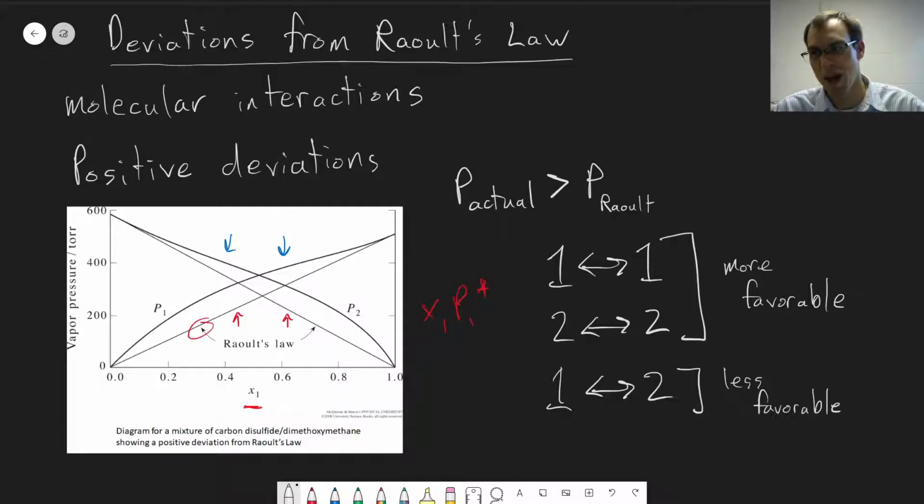It'd rather get away from, in comparison to our theoretical ideal solution behavior, these 1 and 2 interactions here, which are not as favorable, and so the vapor pressure increases relative to the ideal solution behavior. So that is a positive deviation. That's what it tells us about what's happening in terms of the intermolecular forces.